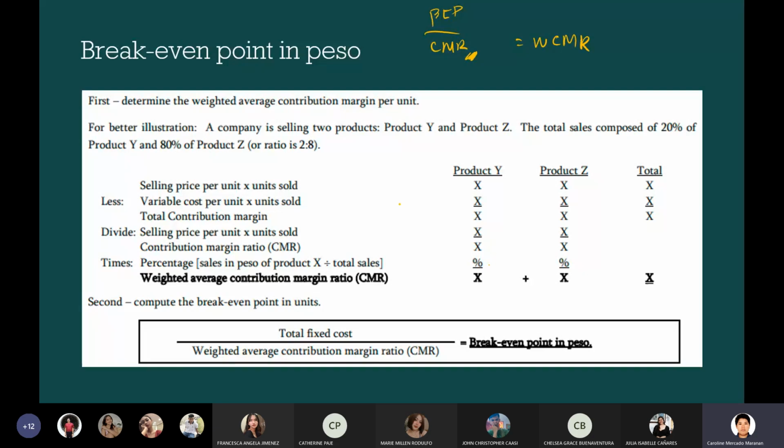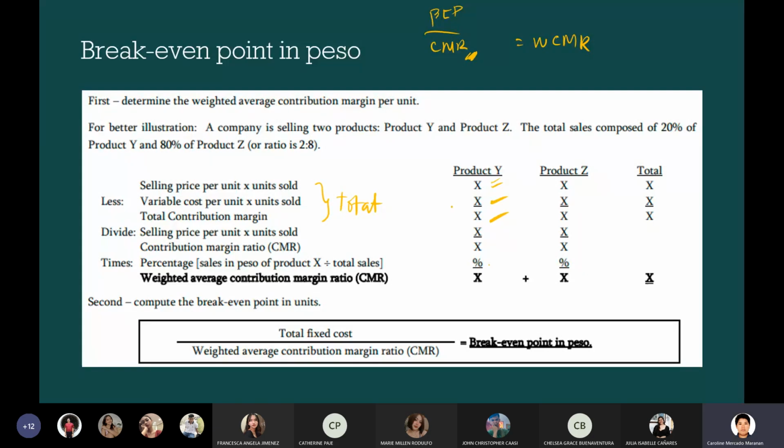So, you have here the selling price less variable cost equals contribution margin. Ito mga total to ha. Total ang pinag-uusapan dito. Total sales less total variable cost equals total contribution margin. Diba?